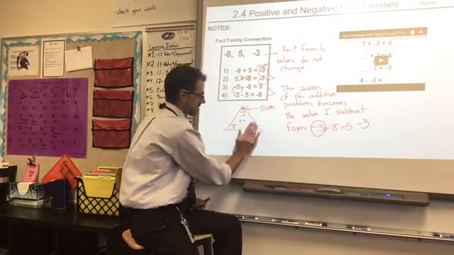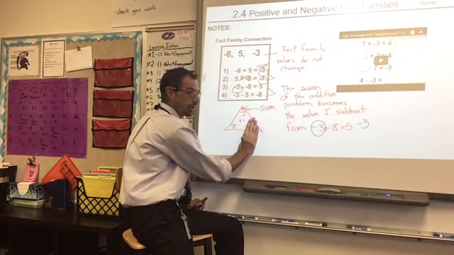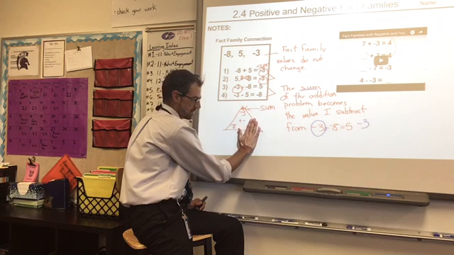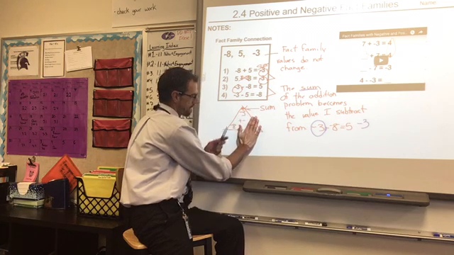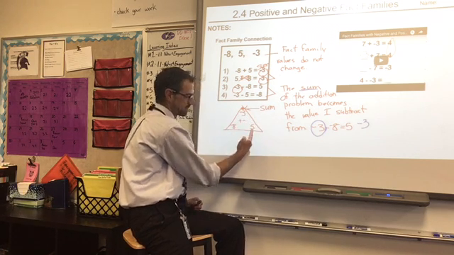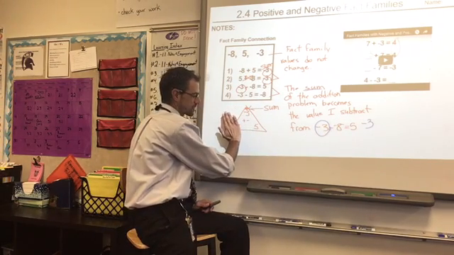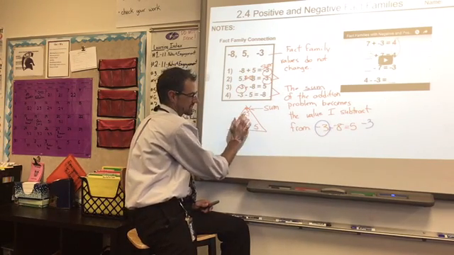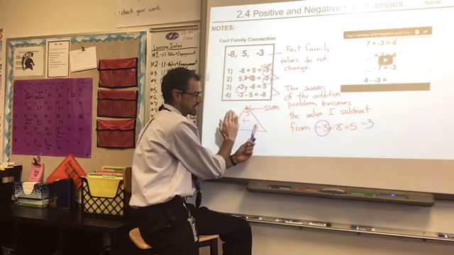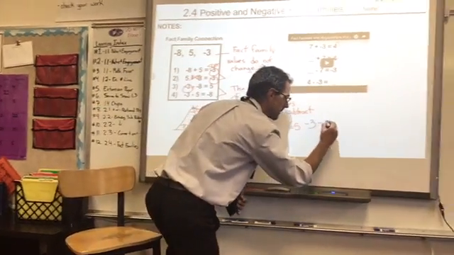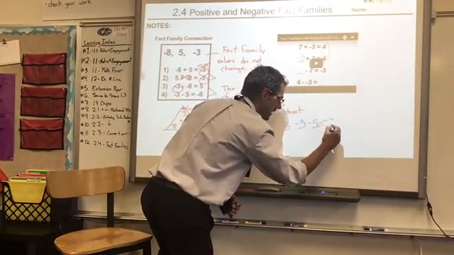This one, I cover up a corner for the subtraction, and I say -3 minus -8, that equals 5. That's what I got. Now I go to the other corner for subtraction, and now it's -3 minus 5. And what does that equal? -8.